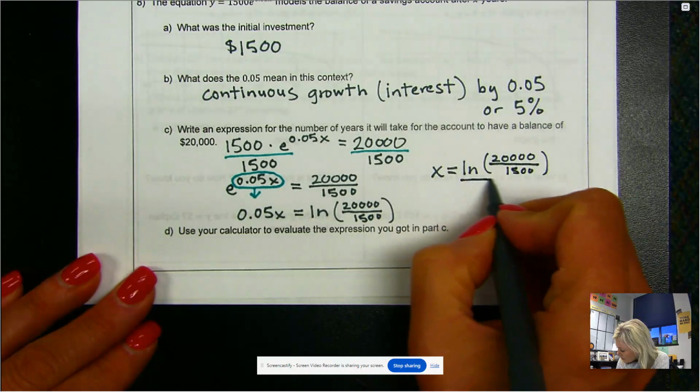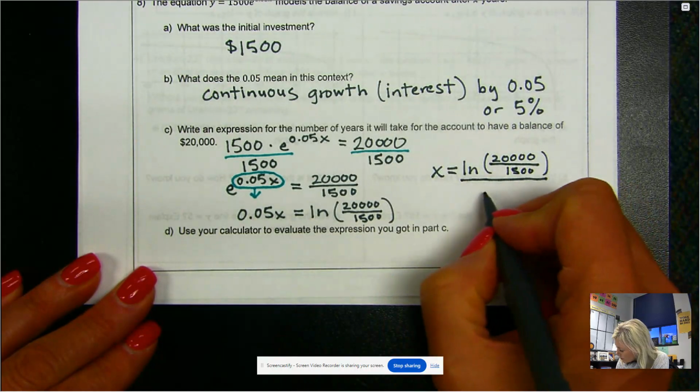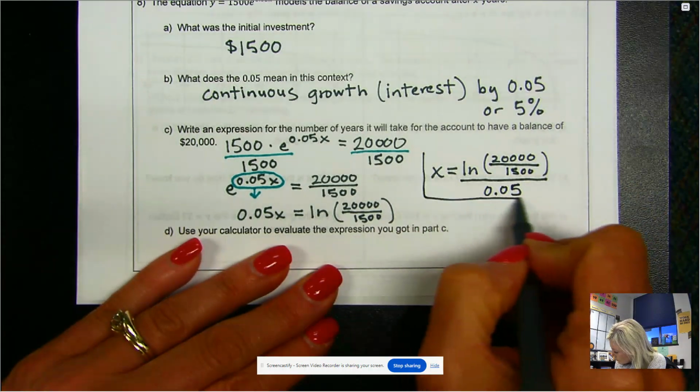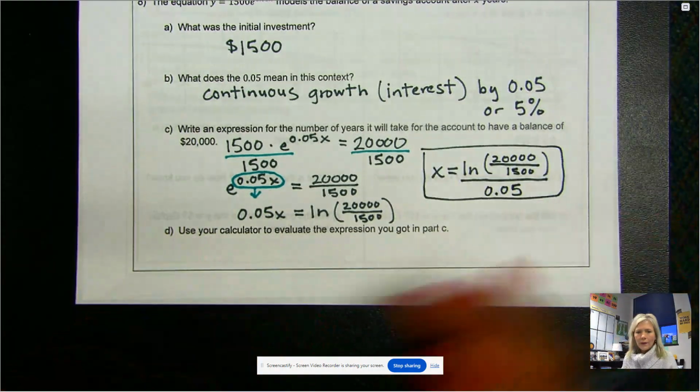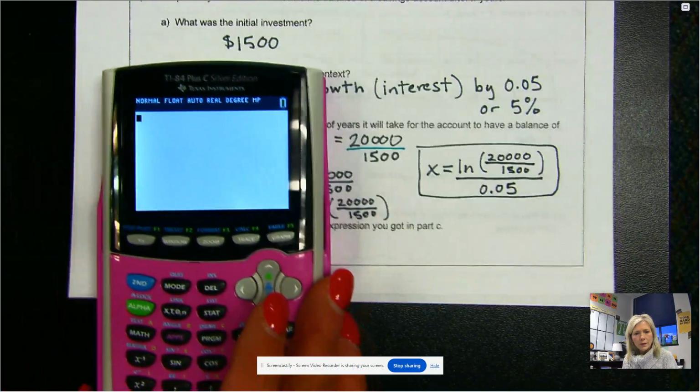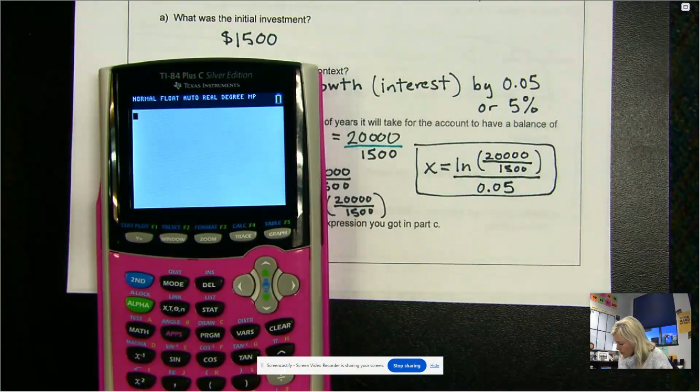And then that's divided by the 0.05. Okay? And then we just have to put that into the calculator. So the natural log of 20,000 divided by 1,500, close the parenthesis, and then divide by 0.05.